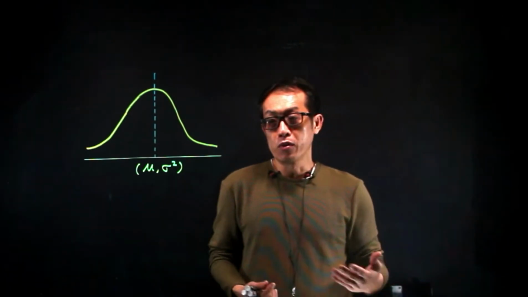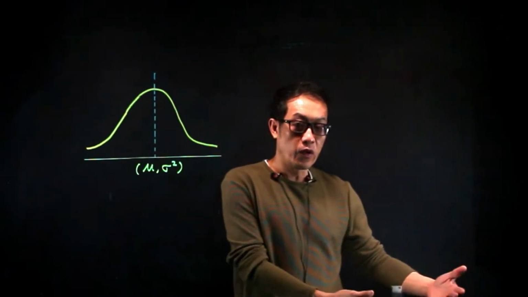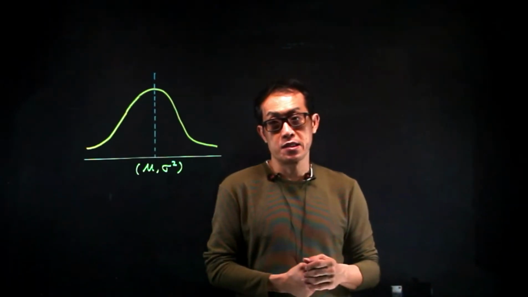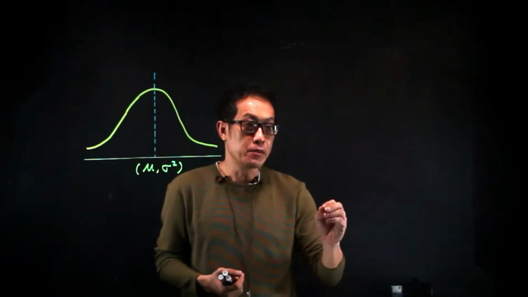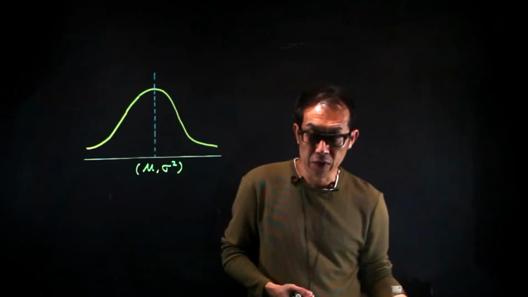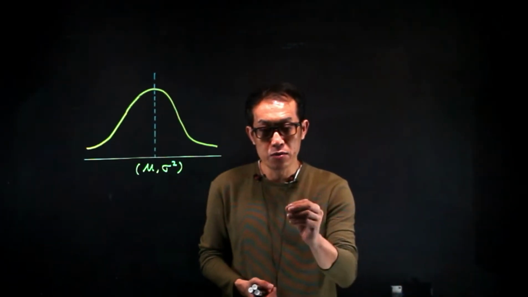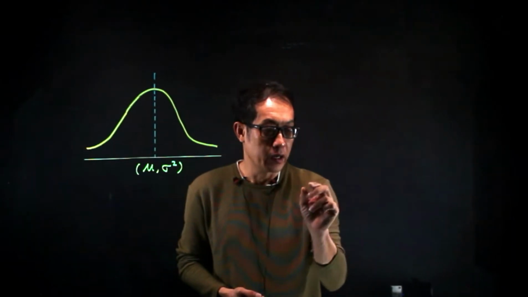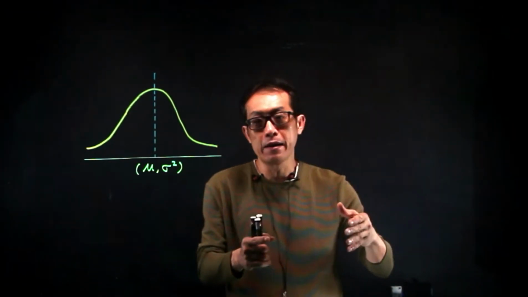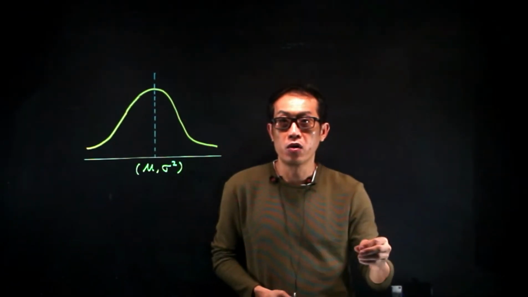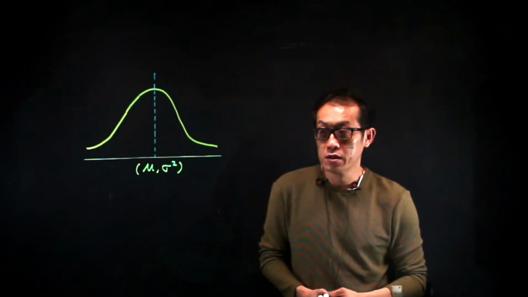The outcome can be 1, 2, 3, 4, 5, or 6. The outcome cannot be 1.1, 1.25, 1.3. So it has to be specific numbers, 1, 2, 3, and there are gaps in between. So these are called discrete distributions.